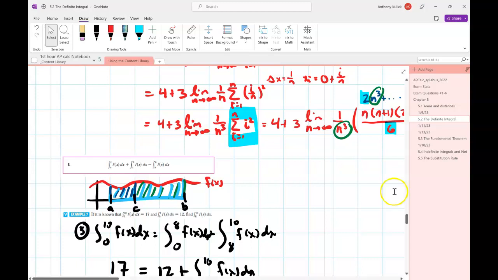And then 5.5 is the last section. That's probably the trickiest, but it's also the most useful, because in 5.5 we're going to learn a technique for integrating something that was the result of a chain rule.